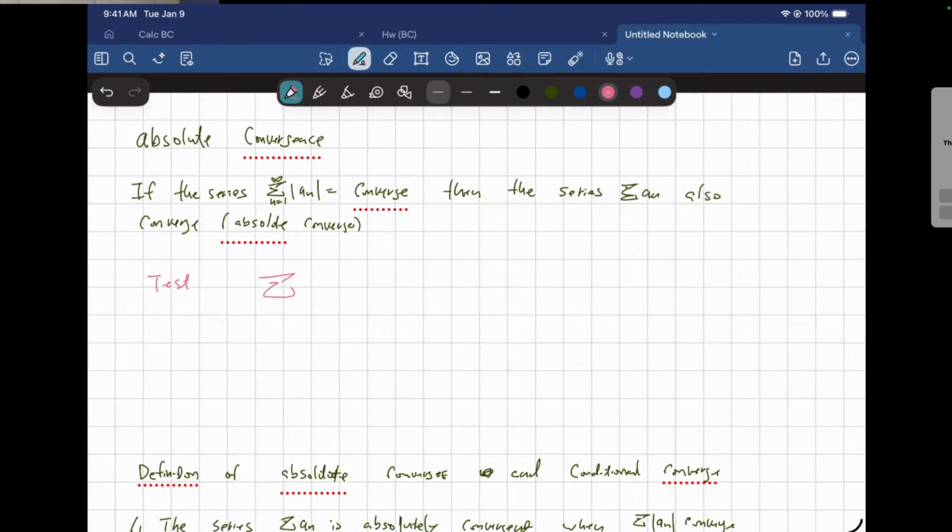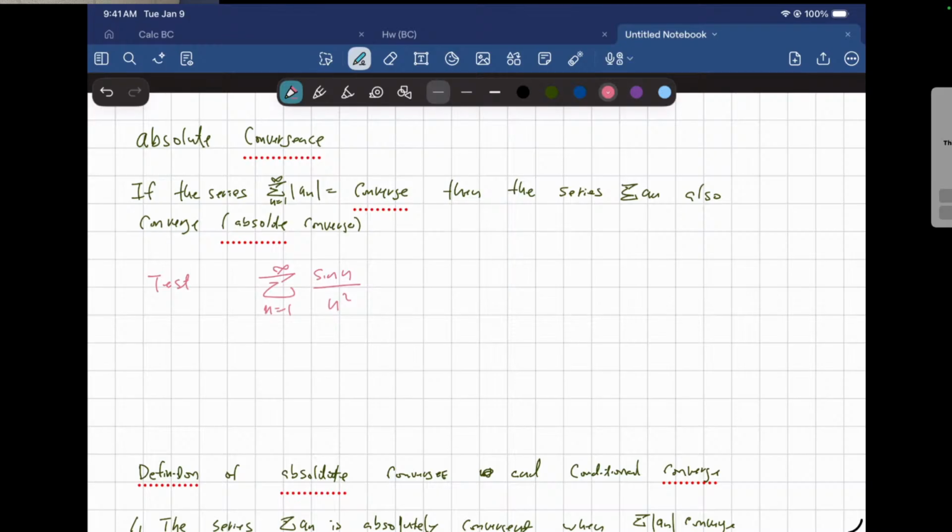Summation of n equal to 1 to infinity of sine of n over n squared. You're going to wonder how this is sort of alternating, but it's not. The true definition of alternating is plus, minus, right? But what if you have this situation?